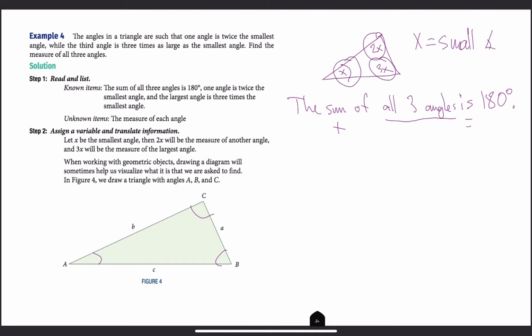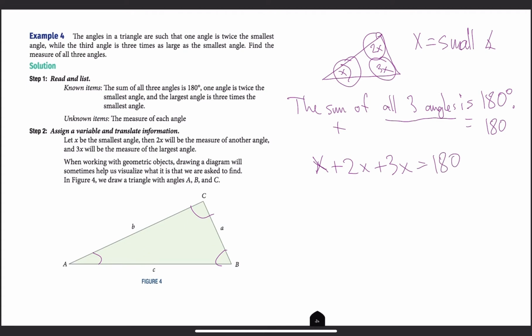I know that is equals, and I know that 180 is 180. So the sum, so if I take all my angles, one angle is x, another angle is 2x, and another angle is 3x. In theory, if I add up all these angles, I should get 180 degrees.